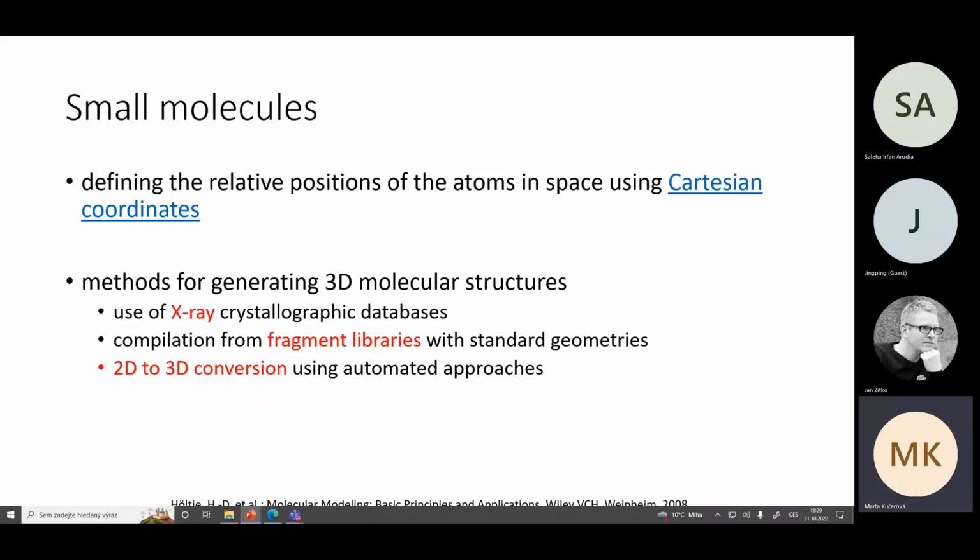For small molecules, or generally any molecules, the positions of particular atoms in the 3D structure are based on XYZ coordinates in space. So we use so-called Cartesian coordinates, which is the position in a defined X, Y, Z space.